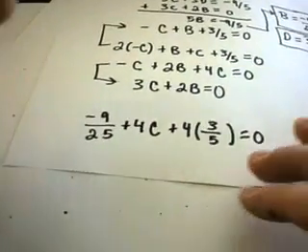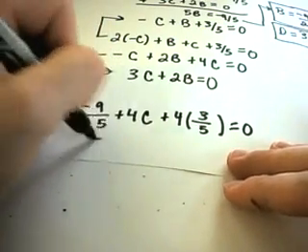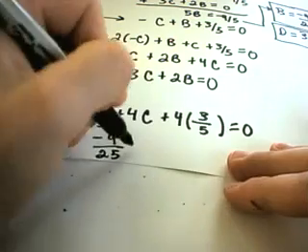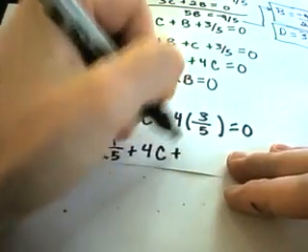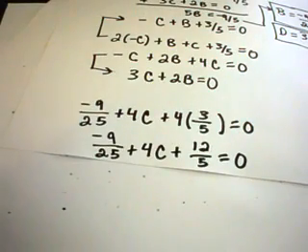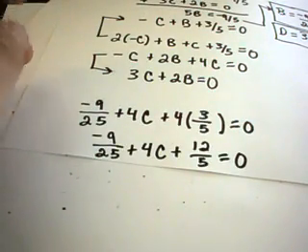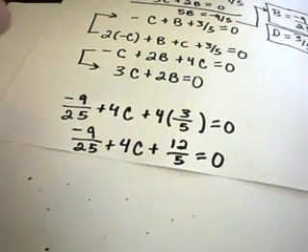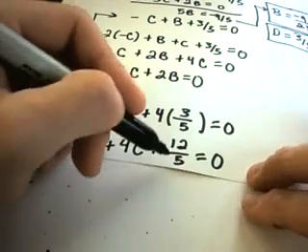So this is just a little tedious arithmetic now. So negative 9 over 25 plus 4c plus 12 over 5 equals 0. So this is more just an algebra review at this point more than anything, but just to show you one long example to show you how long it can be and how it's done.